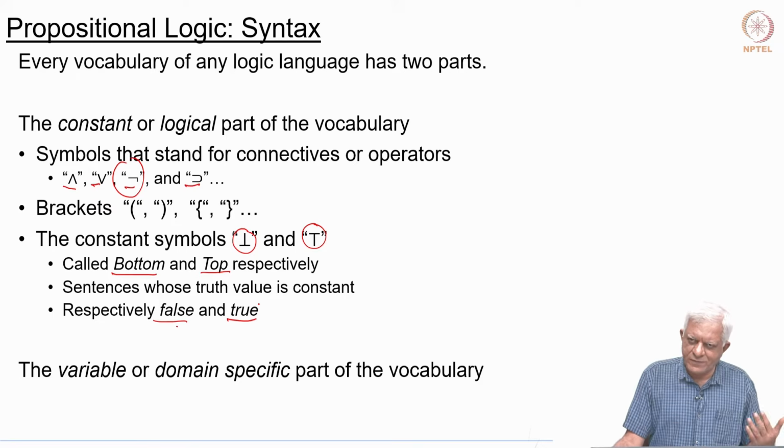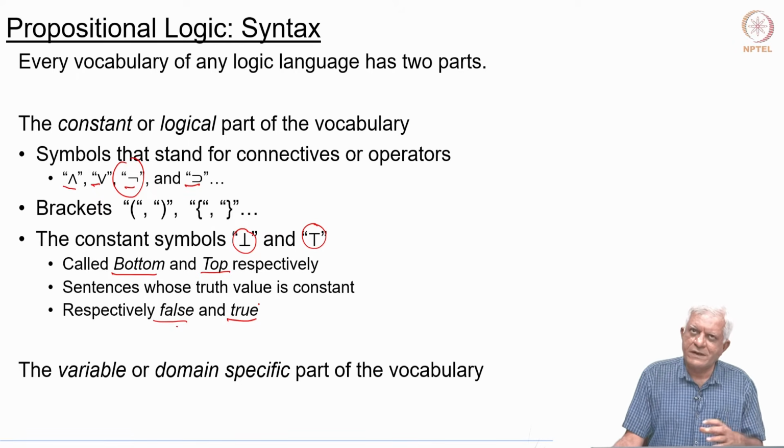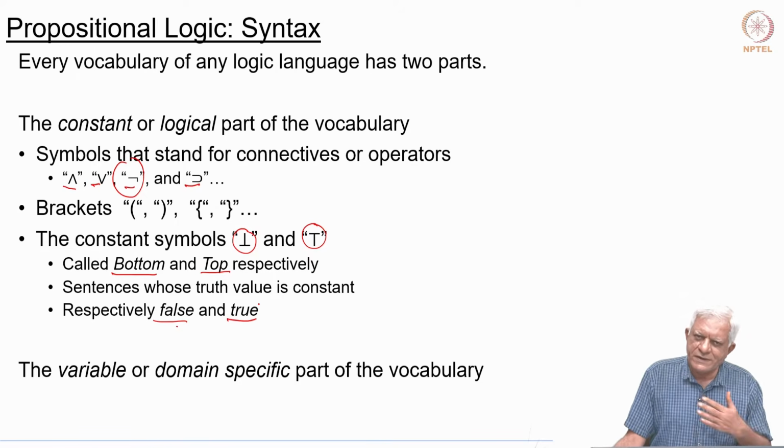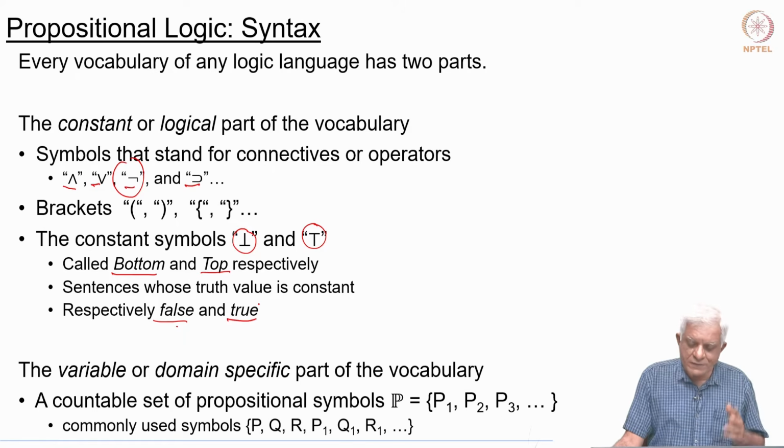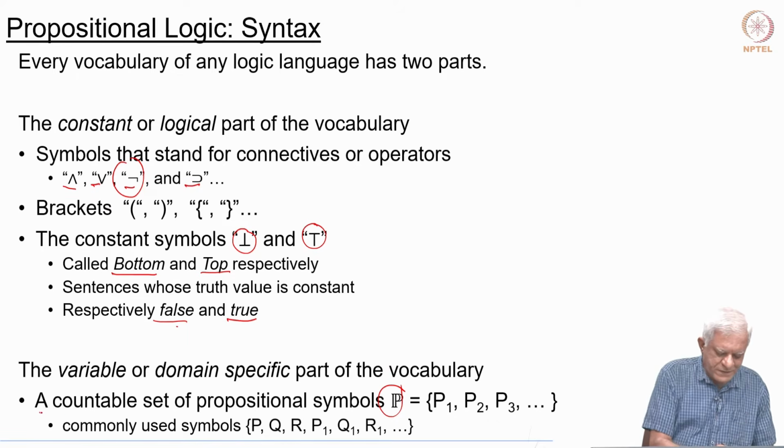Even in the more expressive languages that we see, we will see these things. And there is the domain specific part: if you are solving a particular problem, encoding it in logic and trying to derive a proof, then of course, we will have to choose a certain set of symbols, and we will use this P in a different font to stand for this set of propositions, and it is a countable set of propositions.